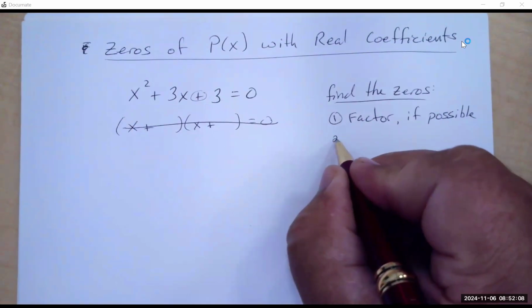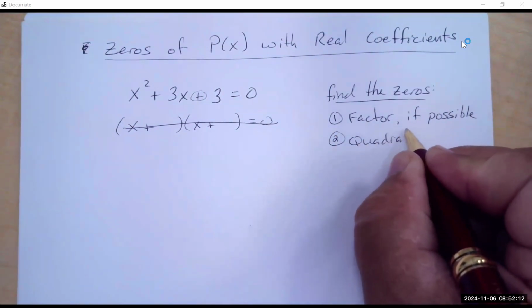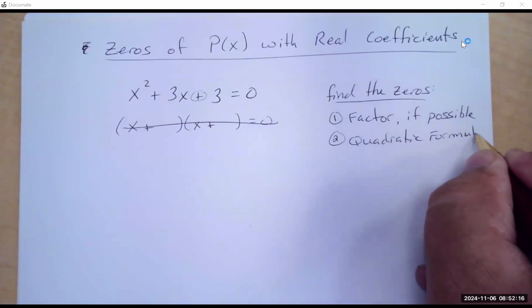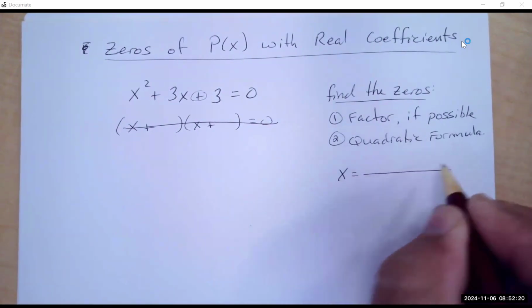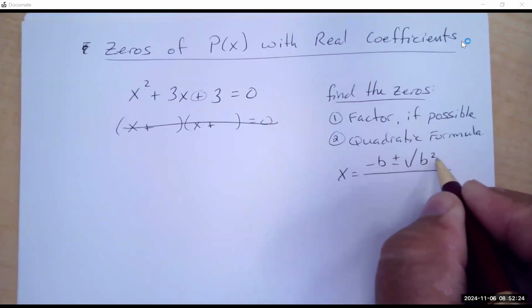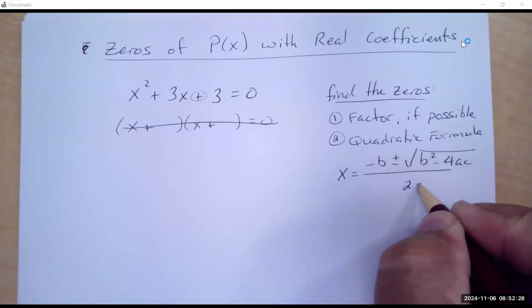So if you can't factor, we use the quadratic formula, which is x equals negative b plus or minus the square root of b squared minus 4ac, over 2a.